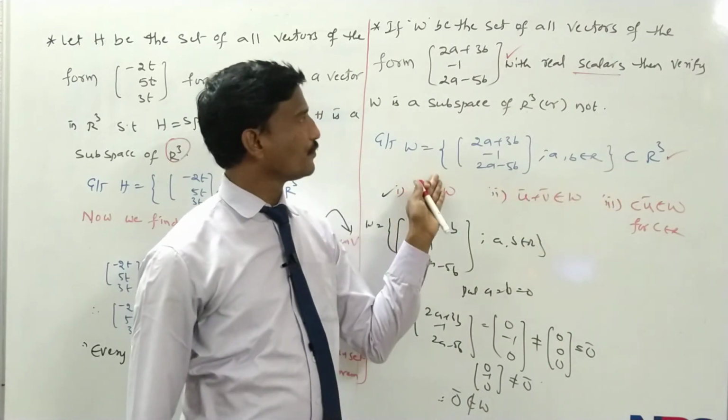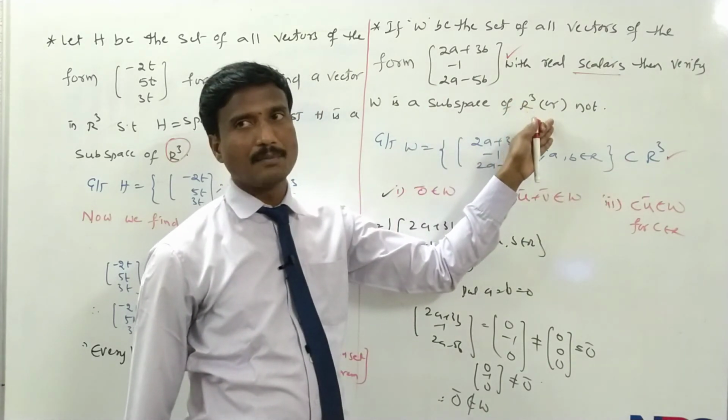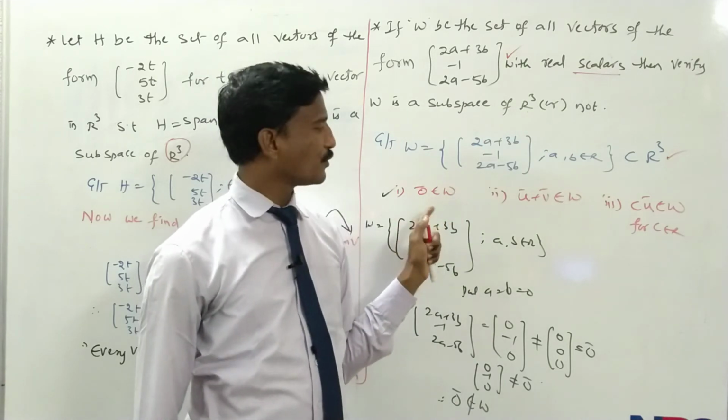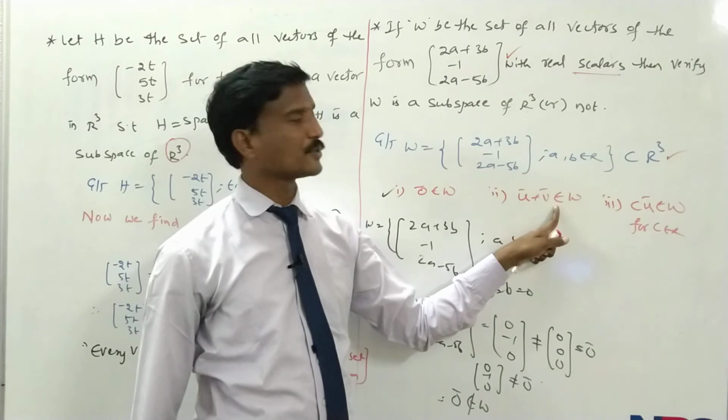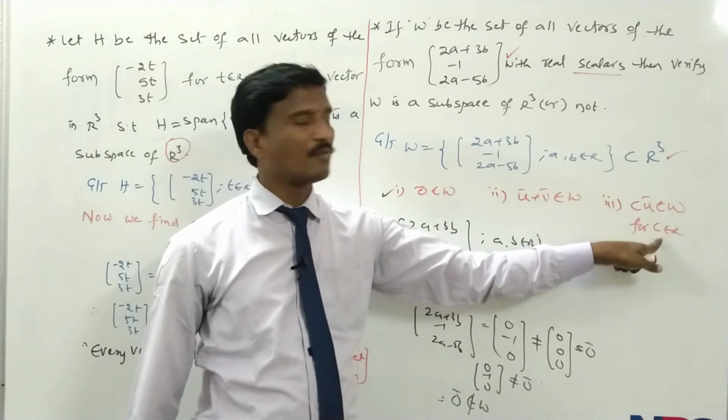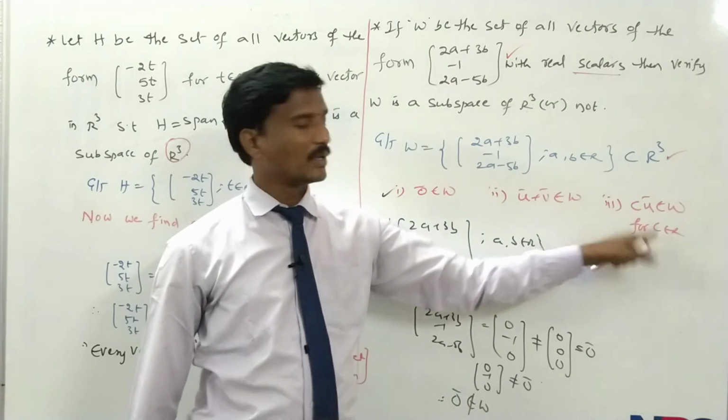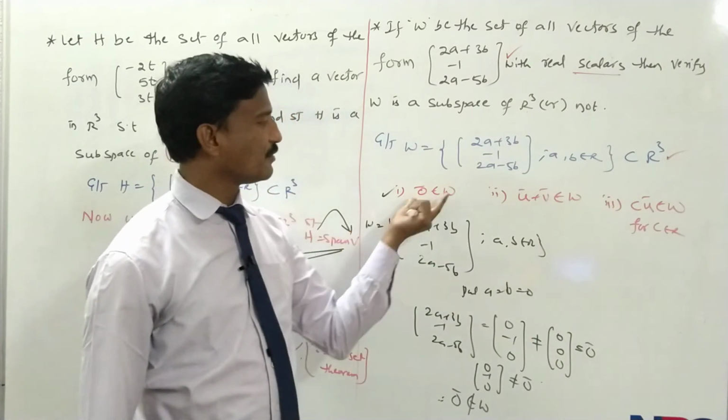Now we need to show W is a subspace of R3. That means we have to verify the 3 conditions: 0 bar belongs to W, u bar plus v bar belongs to W, and C u bar belongs to W for any scalar C. First we verify the first condition.